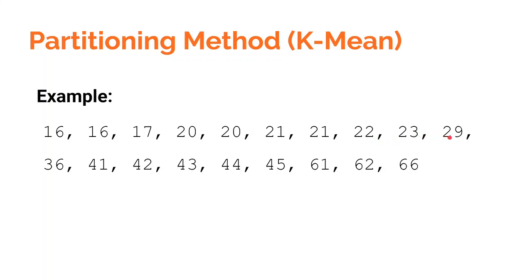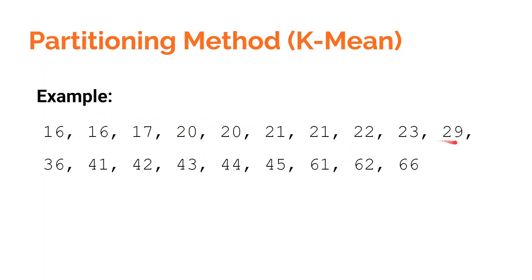Likewise, for the rest of the data, that is 29, 36, 41, 42, if you take the difference of all these values with 22 and 16, you will see that all these values are nearer to 22 than 16.